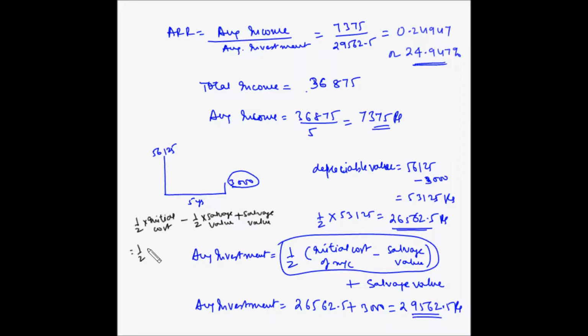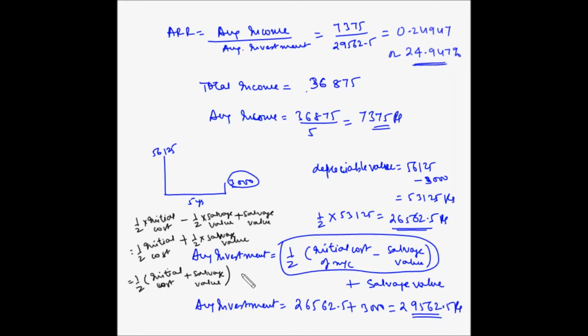So half into initial cost plus half into salvage value. So if you take half common, you get half into initial cost plus salvage value.